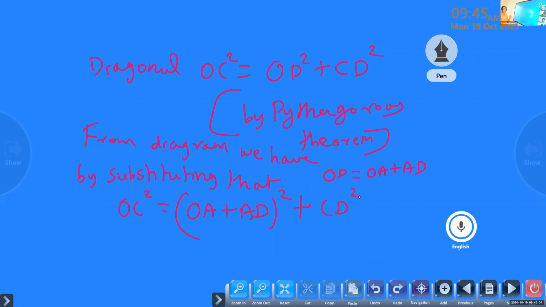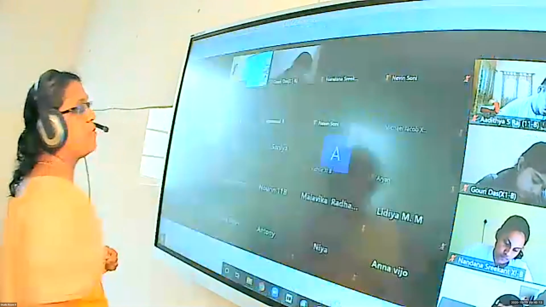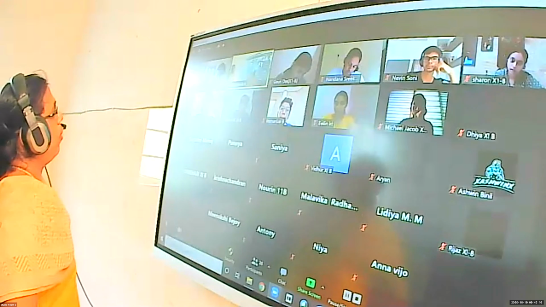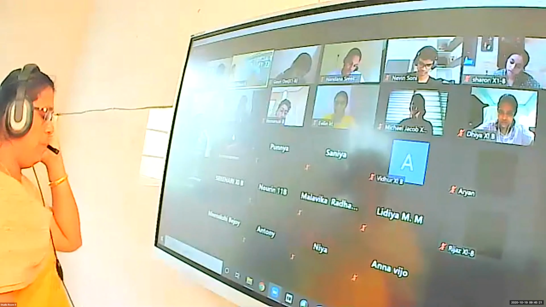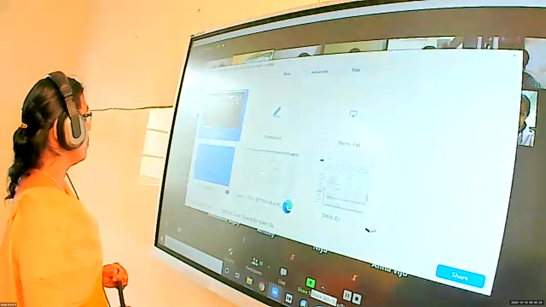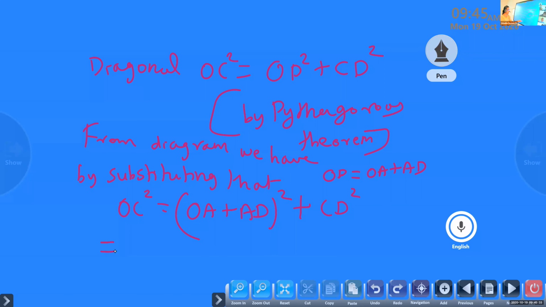Now this is the (A plus B) all square formula. So we have to expand this one now. Everyone expand (OA plus AD) square. (A plus B) square is A square plus 2AB plus B square. Nandana, after expanding, this term will be OA square plus AD square plus 2 into OA into AD.